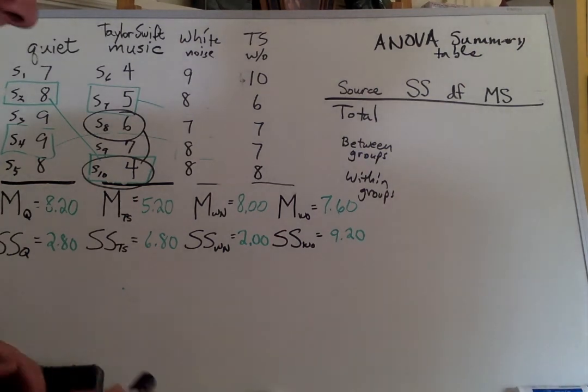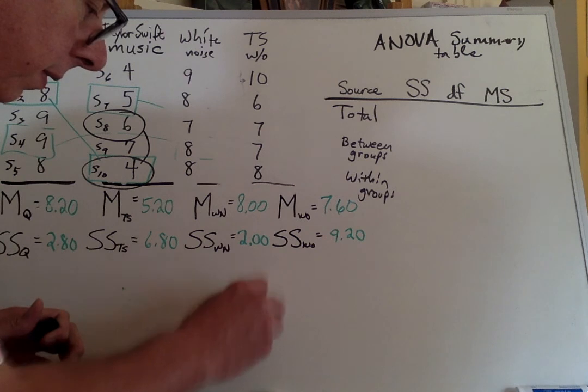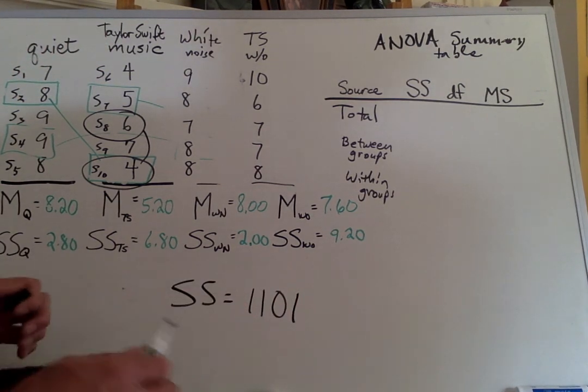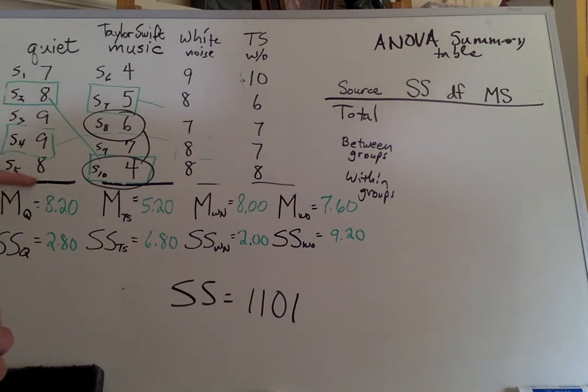So I think that this is our first. I'm just doing the sum of squares formula for the total. So I just squared each of these numbers and added those together.